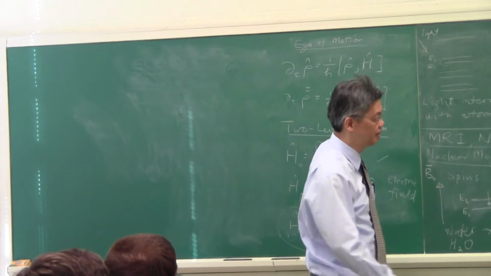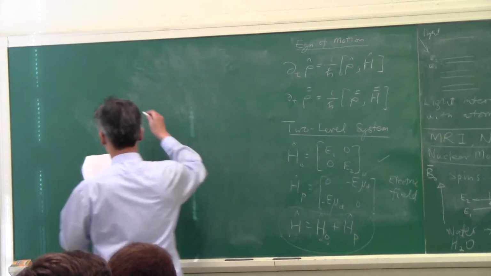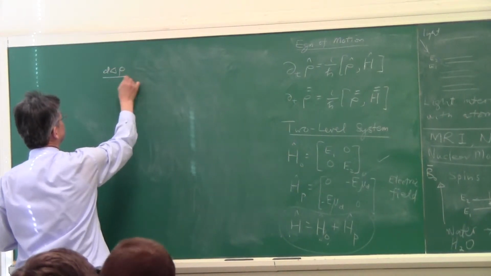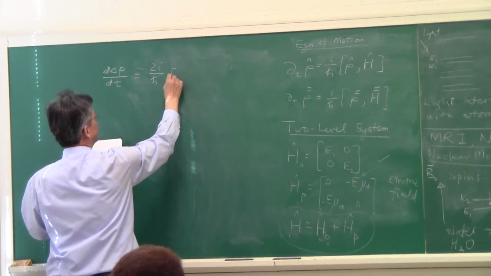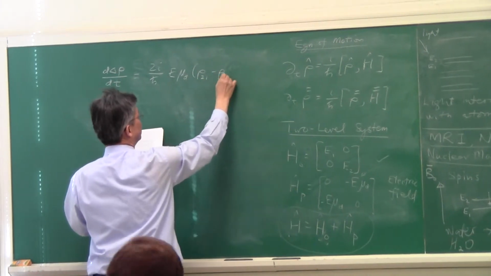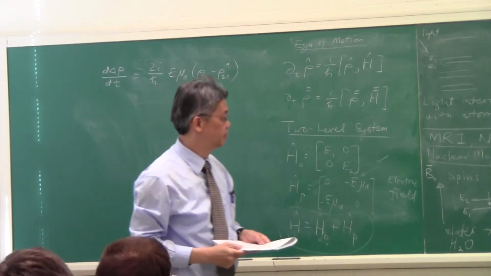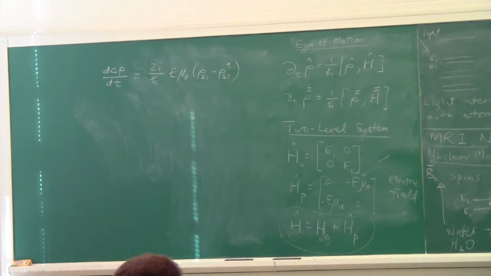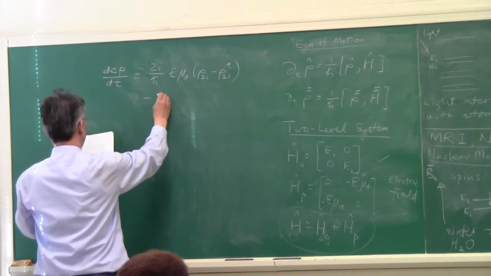Okay, we have to incorporate those physical phenomena into this equation, and how we do that is that we say that dΔρ/dt would have to be equal to 2i over ħ E μd, the original term that we had there, which is coming from here, plus the term that describes the fact that we are in a thermal bath.